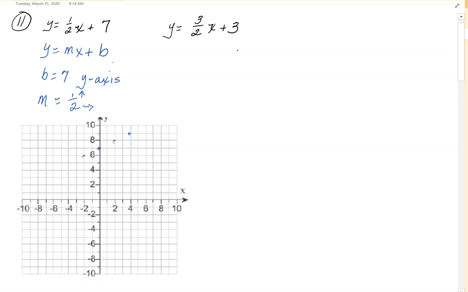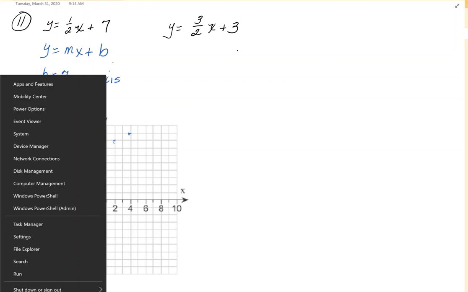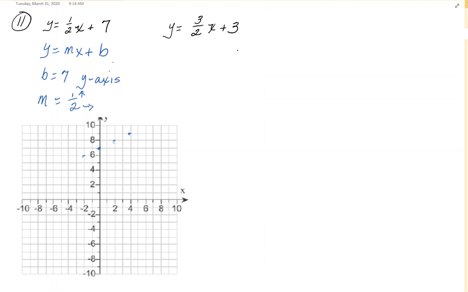You can do it with just the b, then use the m to go up 1 over 2, and you've got 2 points. I did extra points to give myself an opportunity to have maybe a straight line. And that is very close to impossible using OneNote, but that's what I'm doing.